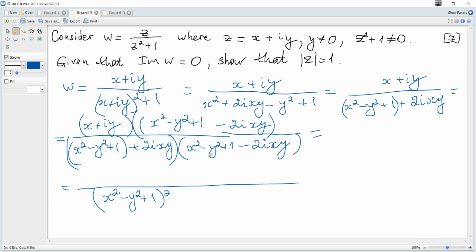It's the formula (a minus b)(a plus b), so it becomes a squared minus (2ixy) squared, and i squared is negative 1, so it becomes plus 4x squared y squared.